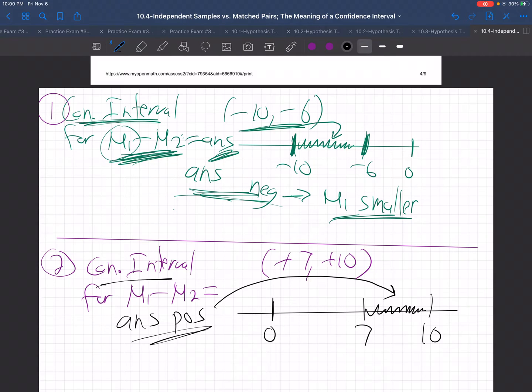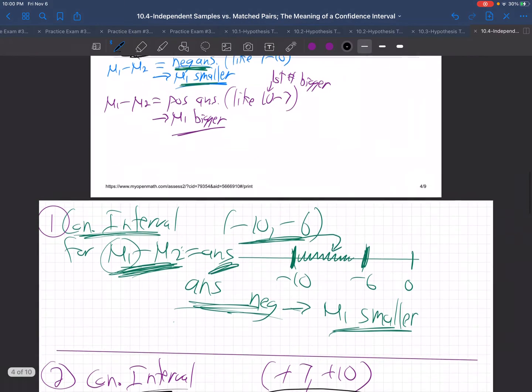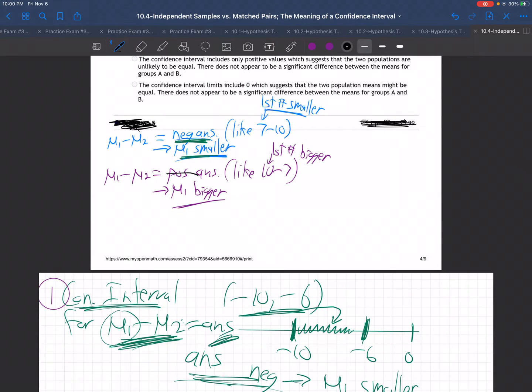You're 95% confident, or whatever level you're at, that the answer to the difference is between +7 and +10. Well, if you're between +7 and +10, you are positive. So if you get a positive answer, that means the first number must have been bigger.